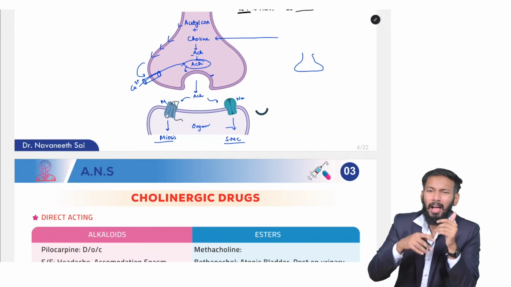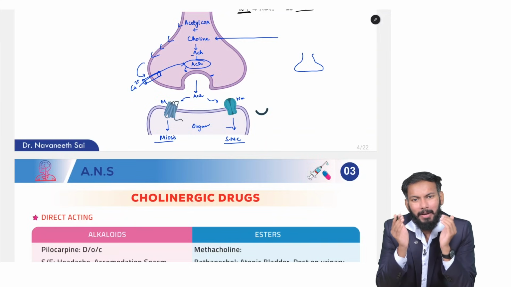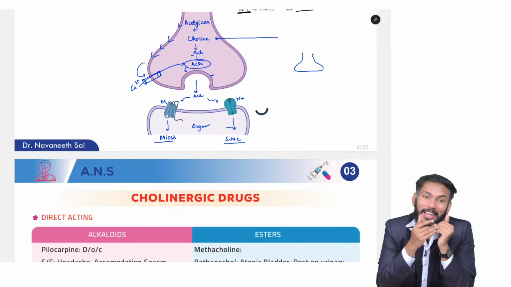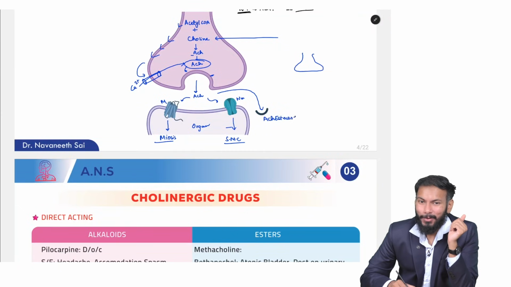Yes. Now, after its function, the acetylcholine will be metabolized. In fact, acetylcholine will act only for a very short period of time, even in milliseconds you can call it. When this acetylcholine acts on the receptor, it is detached from the receptor, and this will be metabolized by acetylcholinesterase. Why are we calling it acetylcholinesterase?